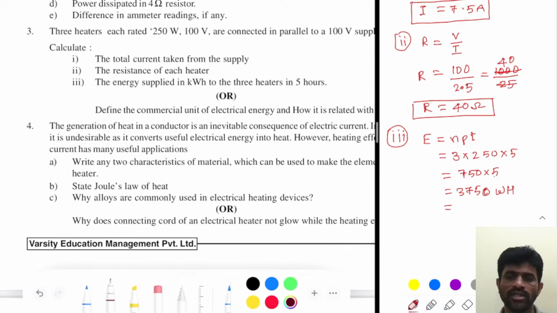Now we have to convert this into kilowatt hours. When you want kilowatt hours, you have to divide this by 1000. Okay, watt hours we got. When you want to convert this into kilowatt hours, divide by 1000.